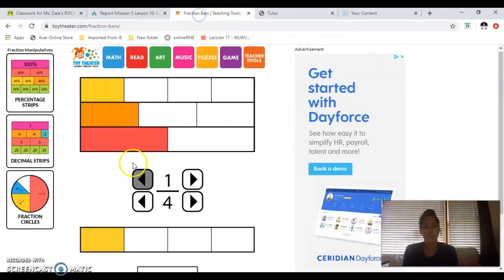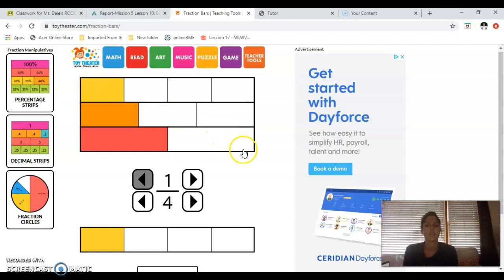From what I can see here and what I know, 1/2 is bigger than 1/3 and 1/4, right? 1/2 is bigger than 1/3 and 1/4. I would rather have half a cookie than 1/3 of a cookie or 1/4 of a cookie, right?